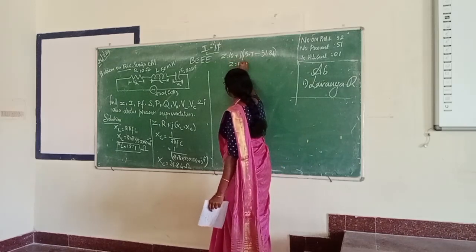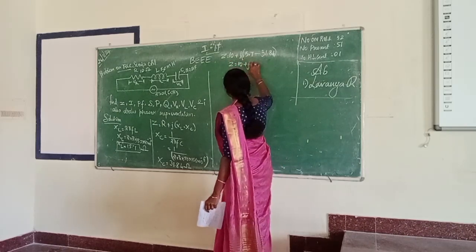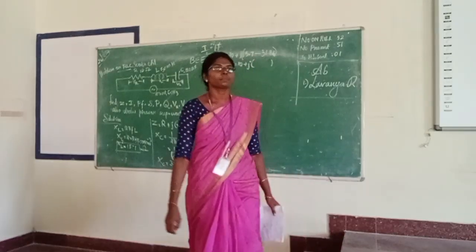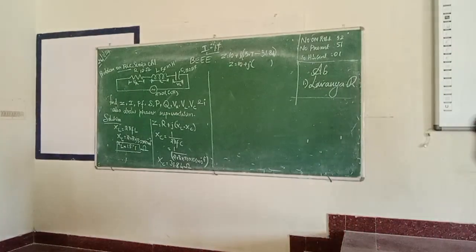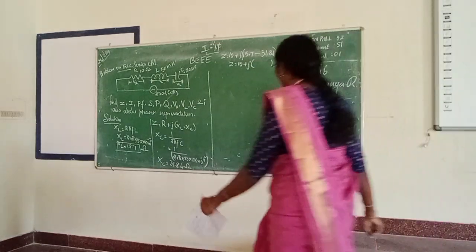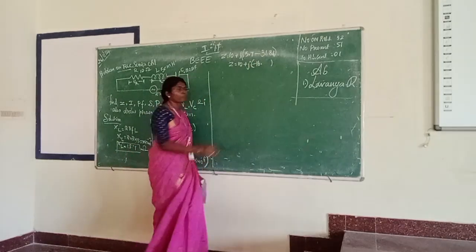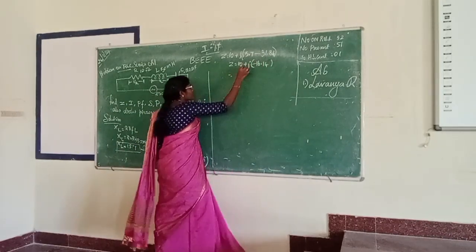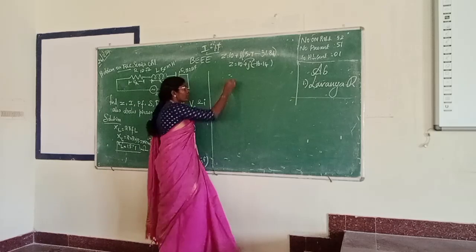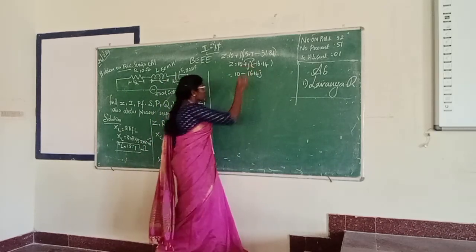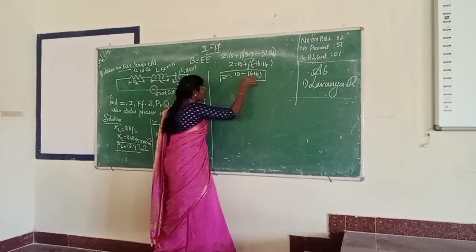If you subtract these two, what will you get? Minus 16.14. Okay, so it is 10 minus 16.14 j.